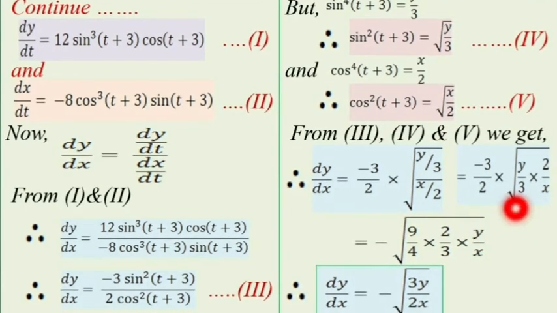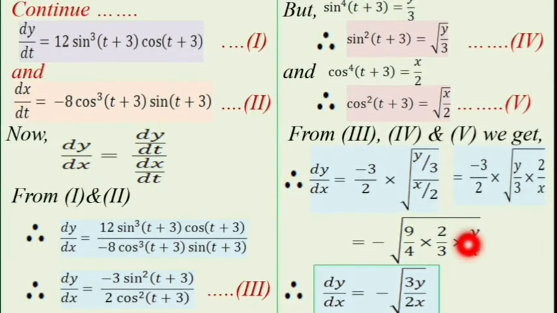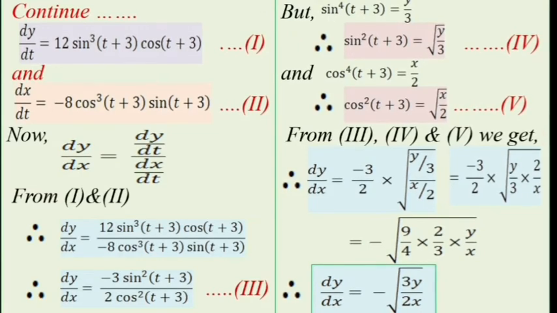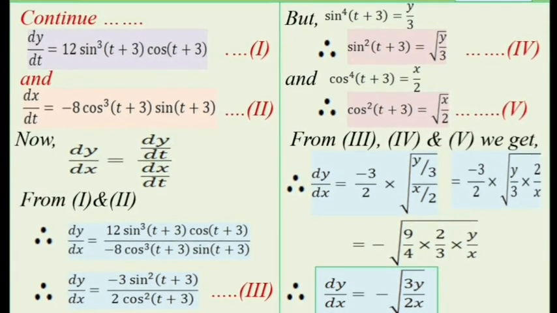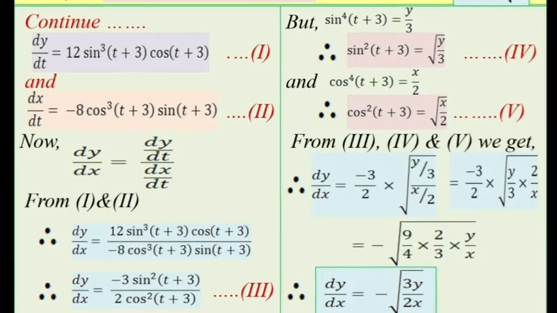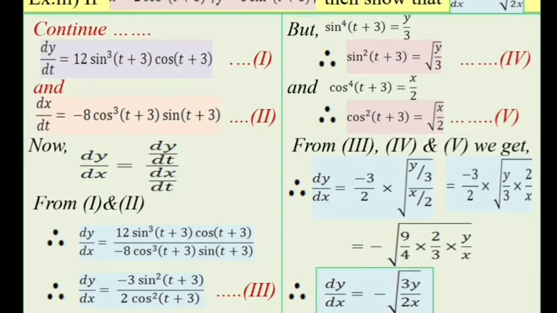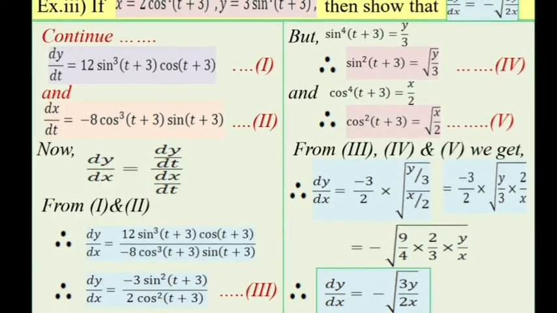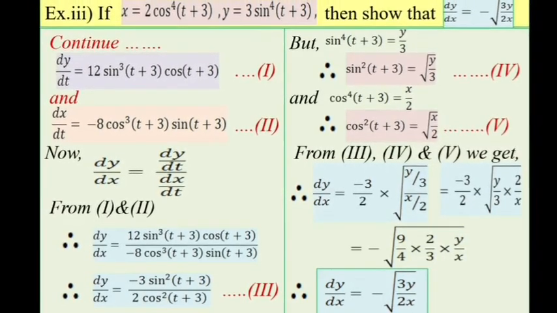Simplifying this root, we get dy by dx equal to root of 3y upon thrice x, and that is our result. That means here also, firstly find dy by dt, then dx by dt. From these two equations we find dy by dx, and after that we prove the given result. Do you understand everybody?